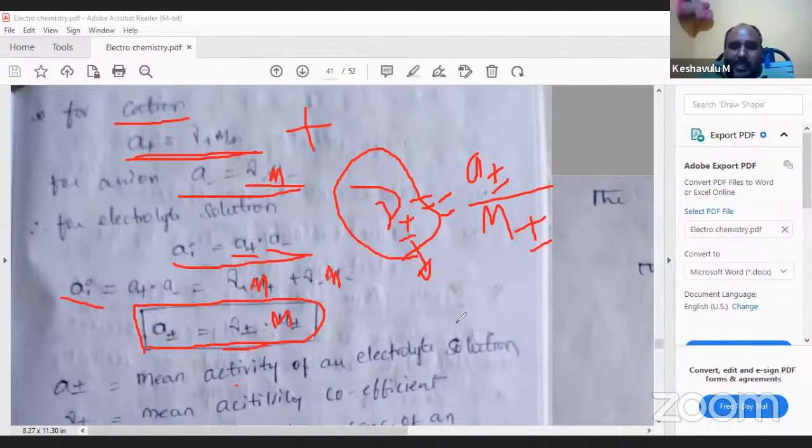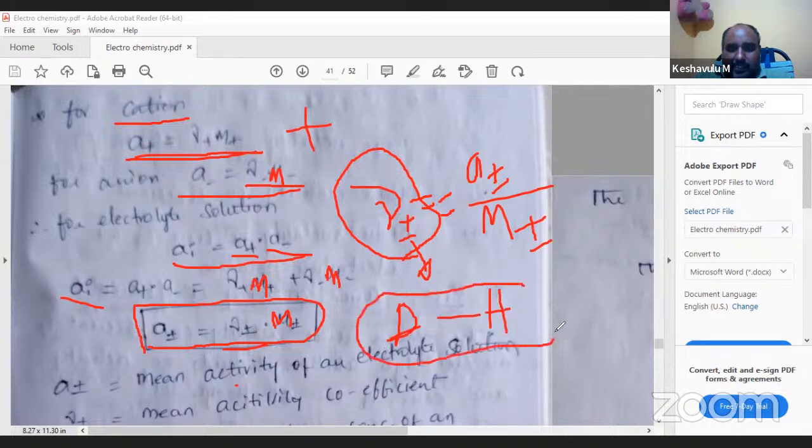This mean ionic activity coefficient can be determined by the application of Debye-Huckel theory. What is the Debye-Huckel theory? How is it applicable for electrolyte solutions? From that, how can we determine gamma plus or minus, the mean activity coefficient for electrolyte solutions? That is what we are going to discuss. Is it clear?